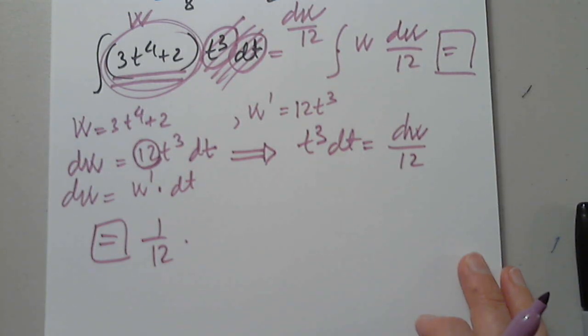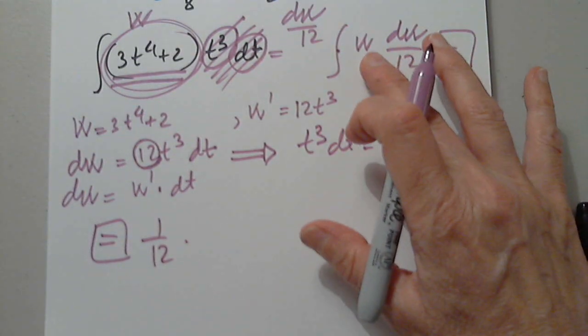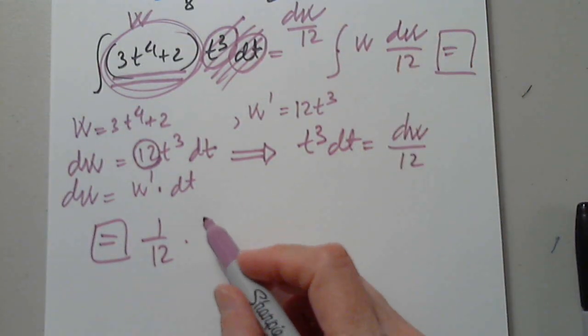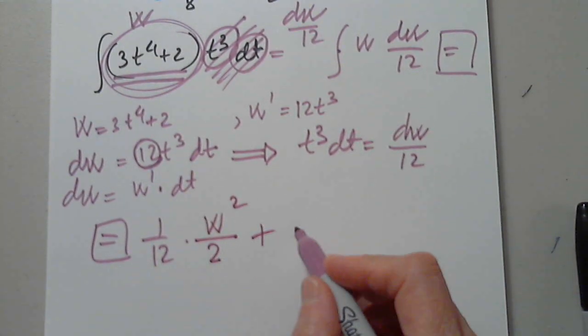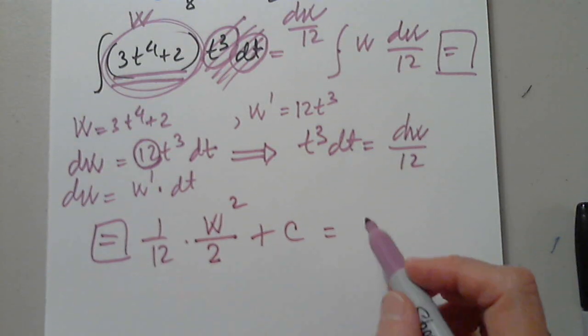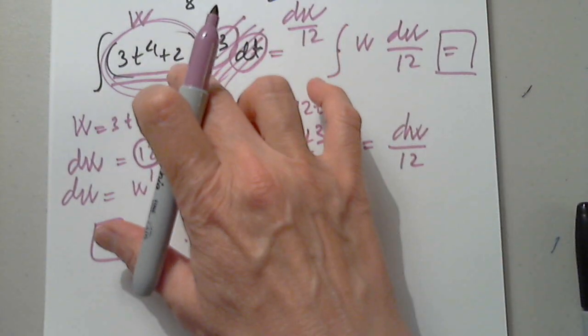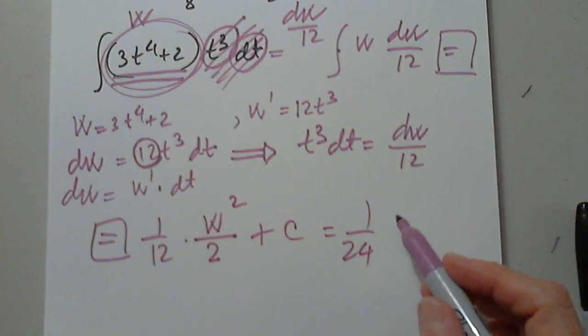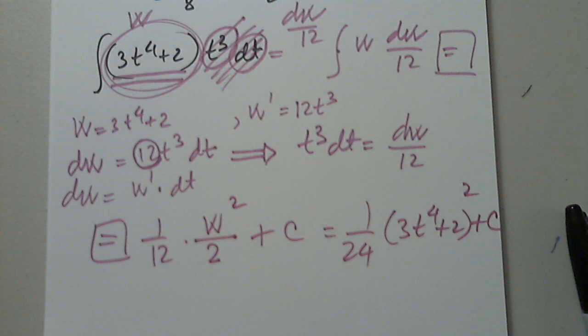Anyone, please? W squared over 2, indeed, plus a constant c, multiplied by 1 over 24. Instead of w, I have to go back and put this in. So (3t to the 4th plus 2) everything squared, plus a constant c.